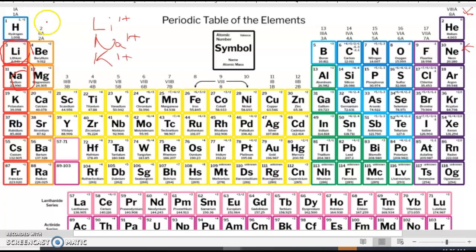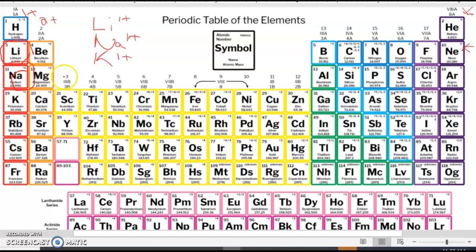Now let's look at this row. This is actually your +2 row, and you can write that on here. 1 plus row, 2 plus row. Let's look at beryllium, magnesium. Let's take a look at magnesium. Magnesium has 12 electrons. What noble gas is nearest it? Neon. How many electrons would magnesium need to lose to be just like neon?